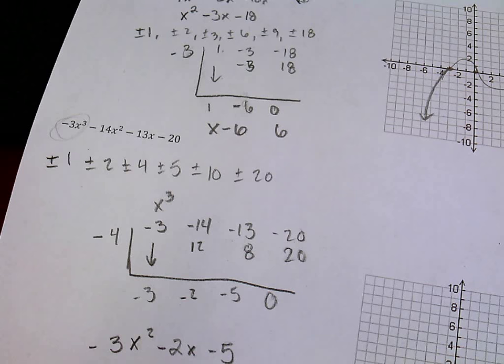Okay, so negative 3x squared minus 2x minus 5.